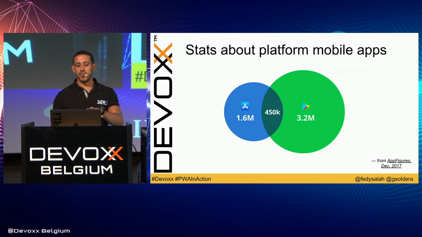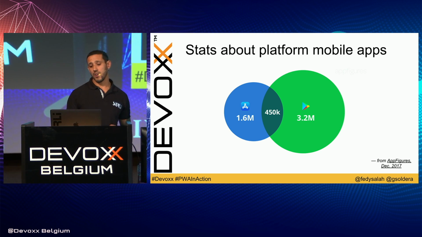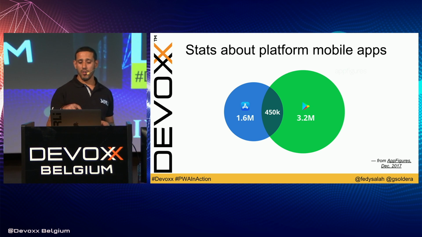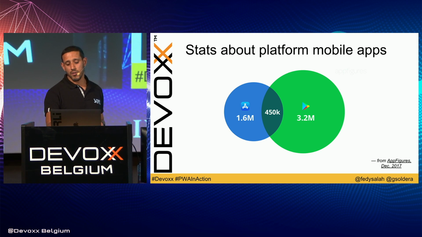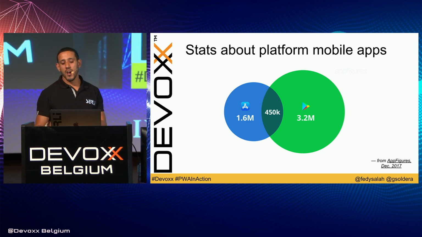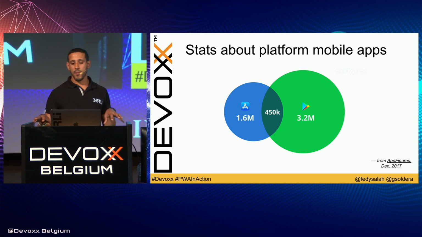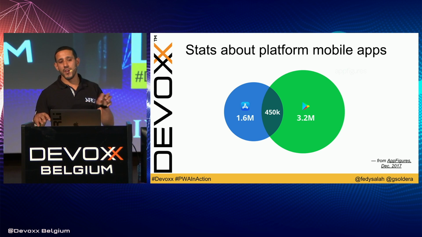So now, when we see this chart, we can see that at least around 20% of the applications are made for both iOS and Android platforms.